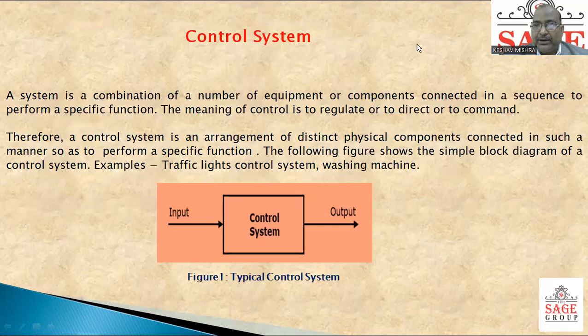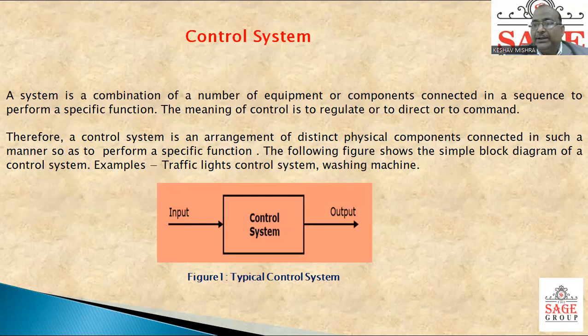As far as control system is concerned, it is described as a combination of components or network of components connected in such a way so as to perform some specific function. Say for example, simply you can take an electrical fan.